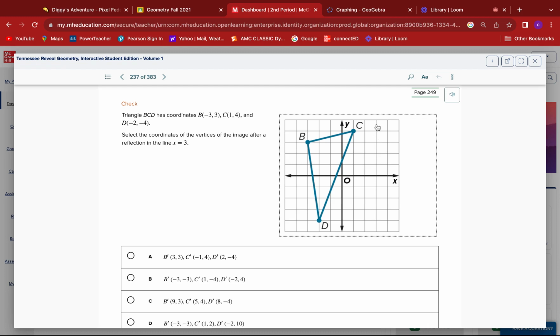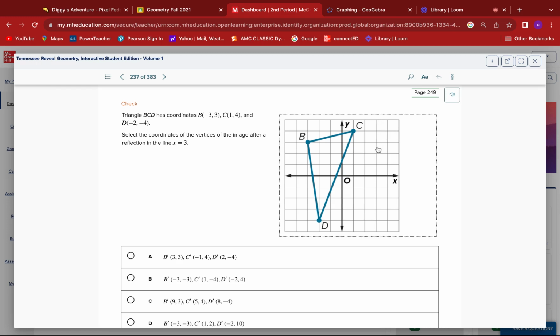Watch this. If this is the line x equals 3, and I've already told you that C and C prime are going to be equal distances away from this line of reflection, and my line is right here. If C is 2 to the left of this line, C prime is going to be 2 to the right of this line. So we've got to find the ordered pair for this dot that's sitting right here.